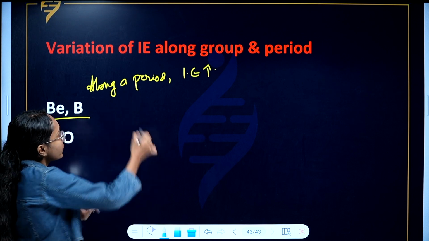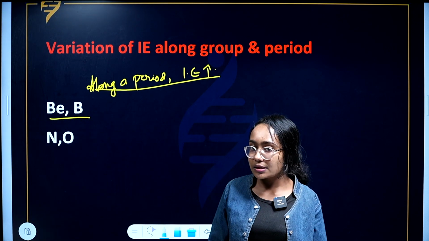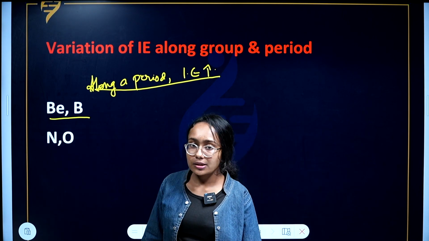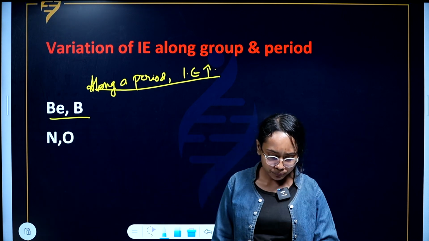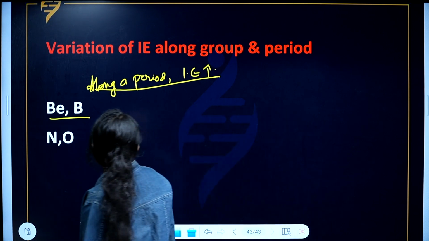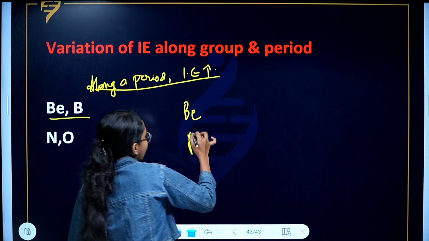As per the theory I have taught you, along a period ionization enthalpy increases, so boron is expected to have higher ionization enthalpy than beryllium. But there is an irregularity. So let's see what the irregularity in beryllium and boron is.